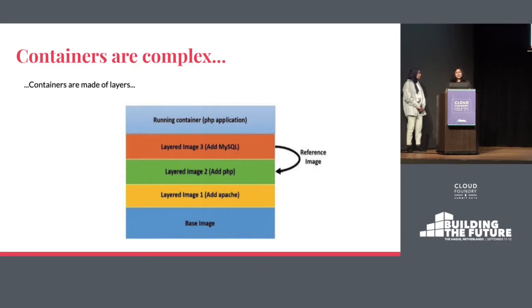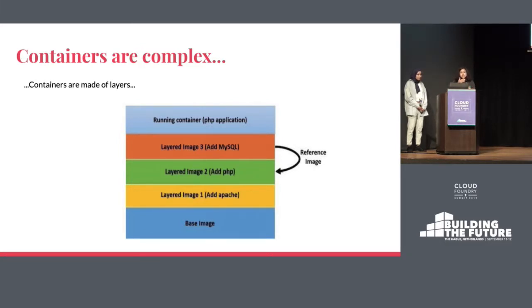So containers are complex. Why are they complex? Because they're made up of layers. Containers are based on union file systems. Each of these layers is a file system or branch of the file system, but they all look like one single coherent file system to you. Each of these layers could have software that's added, removed, modified, anything.